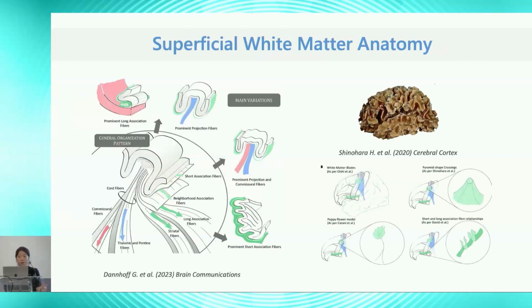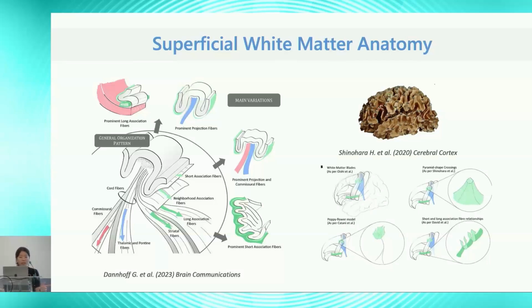But this superficial white matter is not uniform. Its structure varies across regions, bound by the gray matter and covering the gyri and neighboring sulci. It consists of a mix of fiber populations with varying directions and destinations.